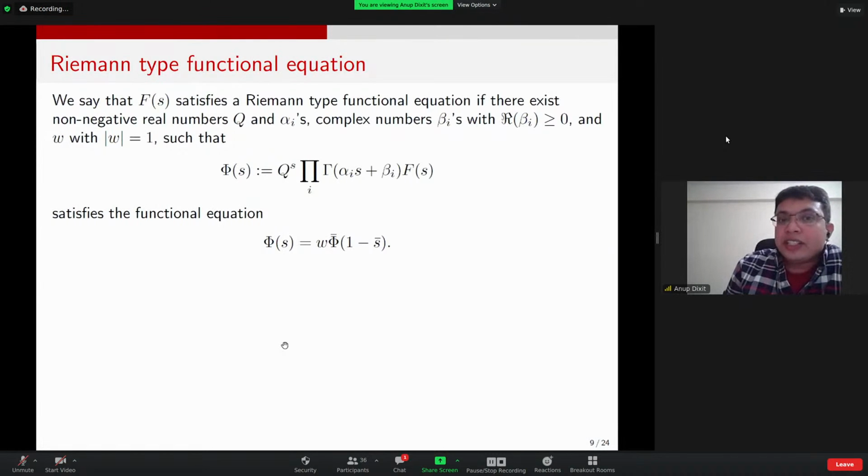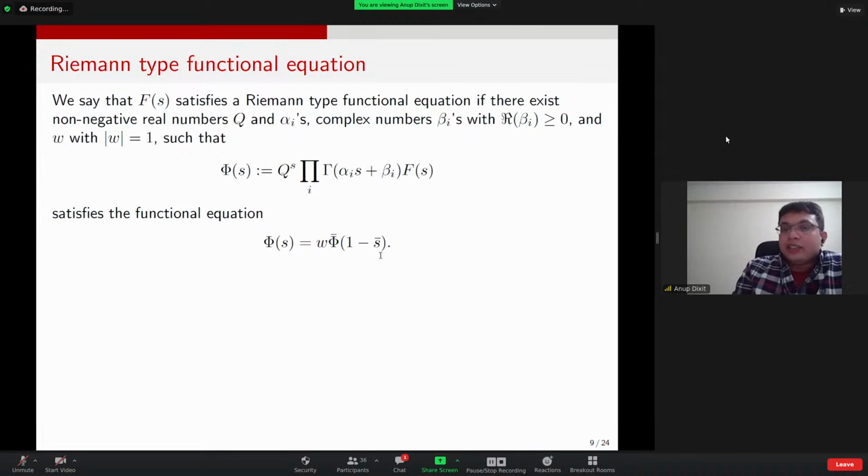Now I say that the function f satisfies a Riemann type functional equation if there exist positive real numbers q and alpha_i, with q strictly greater than 0 and alpha_i greater than or equal to 0, some complex numbers beta_i with real part of beta_i greater than 0, and some omega which is a root of unity, such that if I multiply this particular gamma factor to f(s), the resultant function phi(s) satisfies this symmetry: phi(s) equals omega times phi bar of 1 minus s.